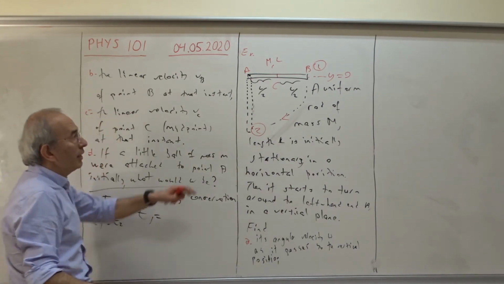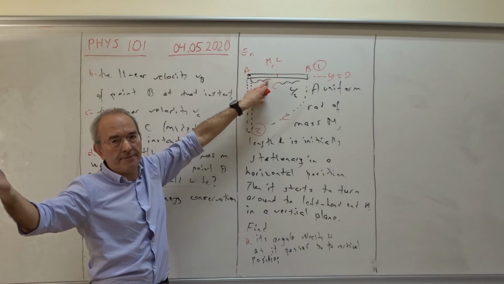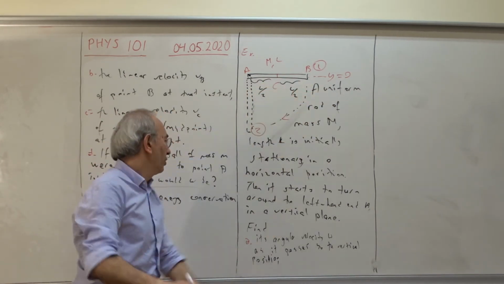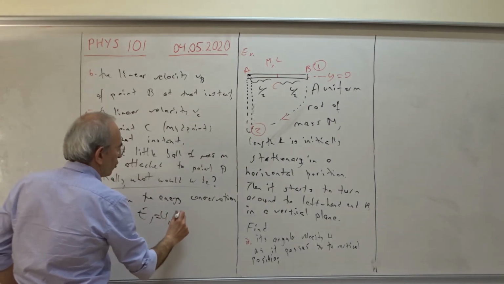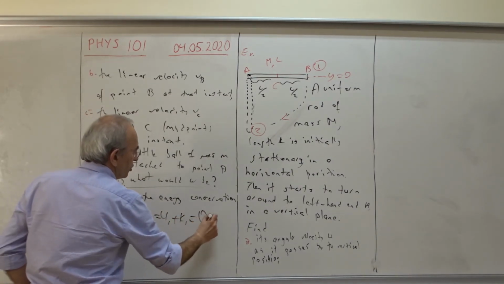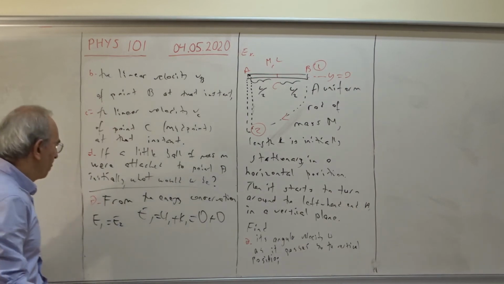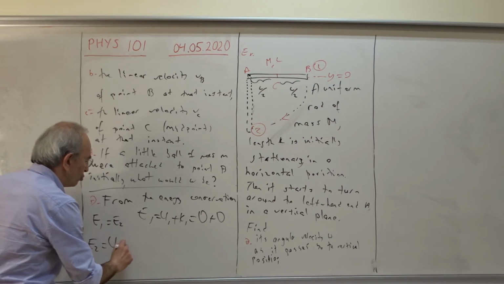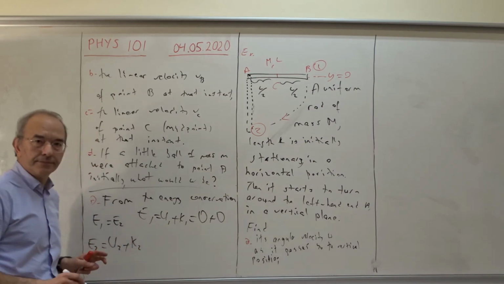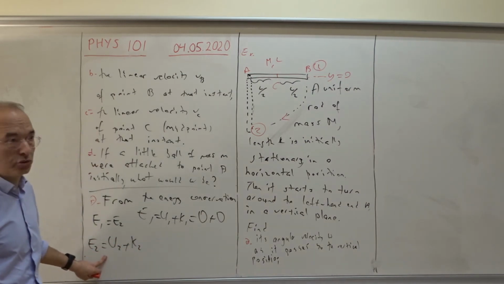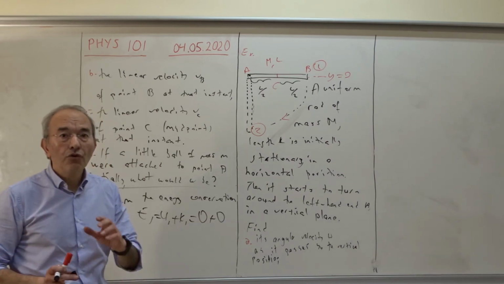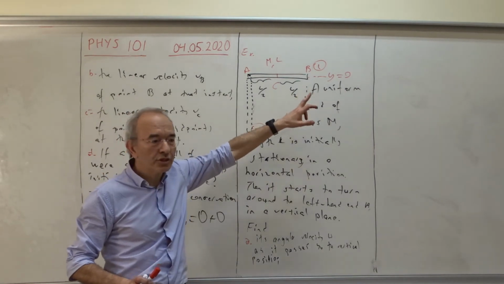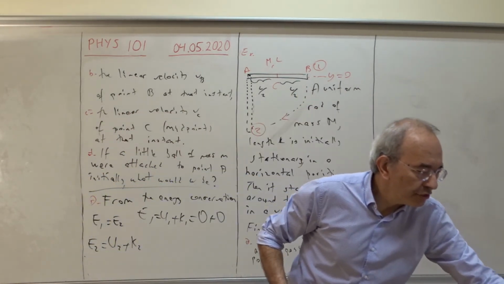E1. What is E1? Initially, it has no speed, and it has no potential energy according to our choice of zero. So initially E1, which is U1 plus K1, is 0 and 0. E2 corresponds to U2 plus K2. Is there any U2? Yes, sure. What is the height fallen by the center of mass, not the tip? You should consider the center of mass.